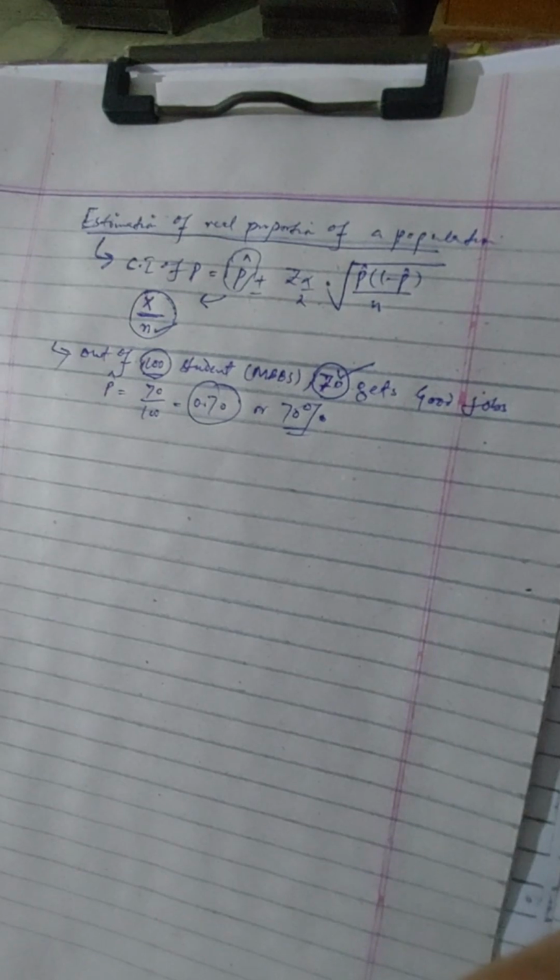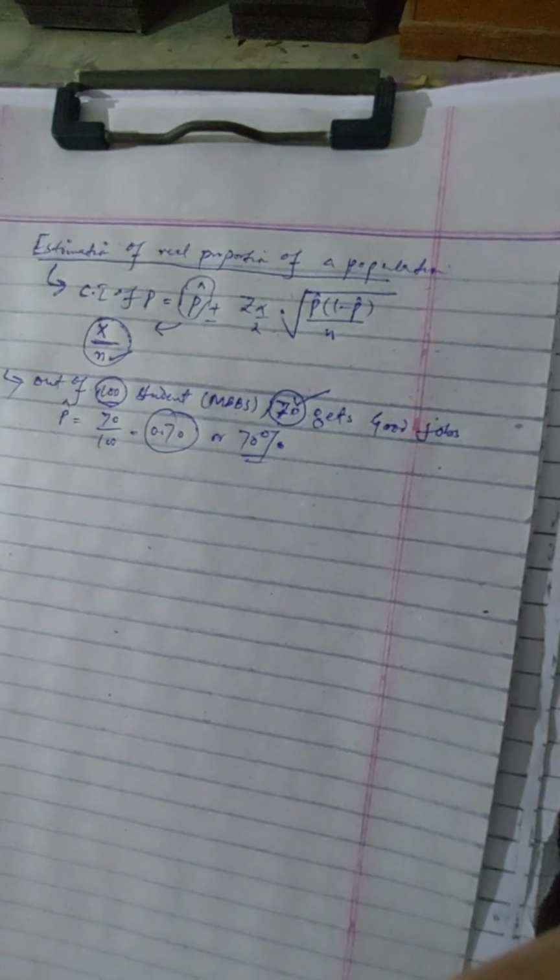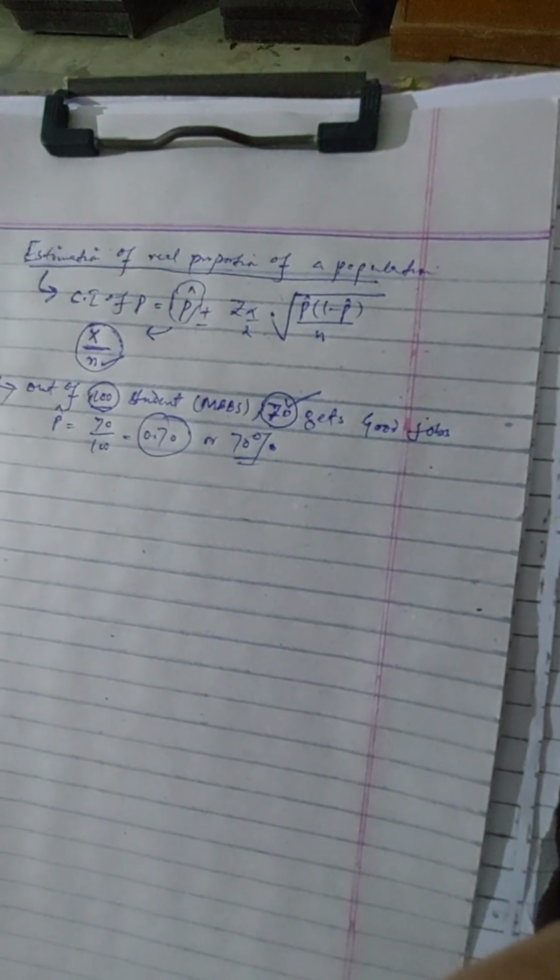Now this is for the single population. What if we find the difference between the proportions of two independent populations? Now we will compare the proportions for two different populations that are independent of each other.